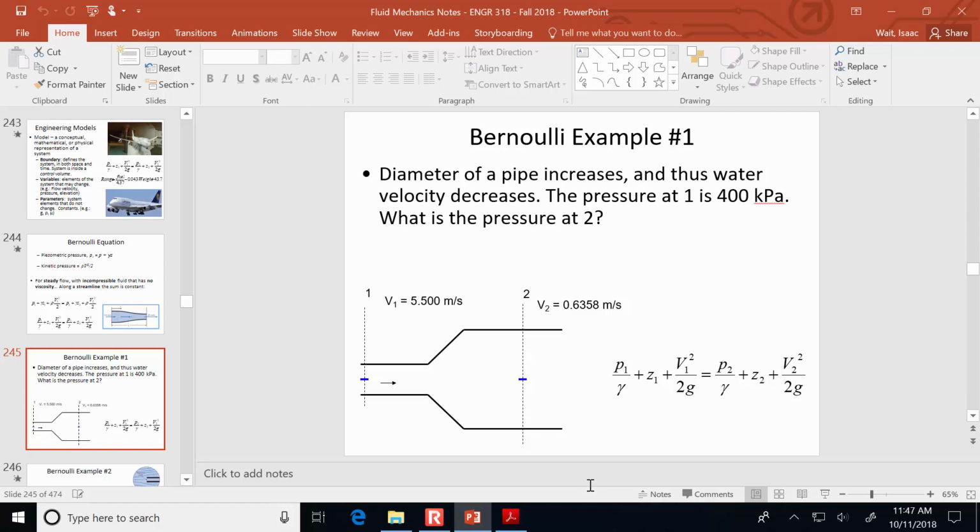So the continuity equation, which we talked about a little bit in the lab yesterday, Q equals VA. Since it's an incompressible liquid, for any liter that comes into this transition from the left, it has to exit on the right. So it's an interesting question, why is the water going from left to right if the pressure is higher on the right?